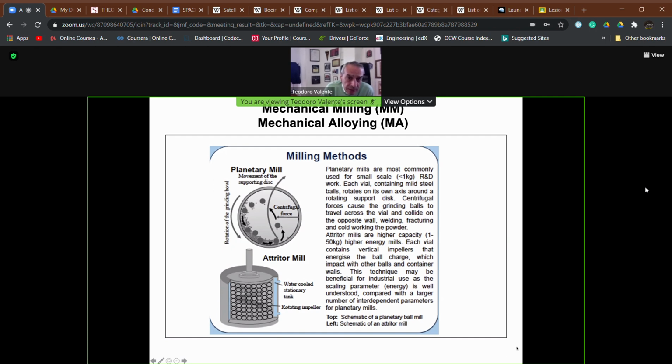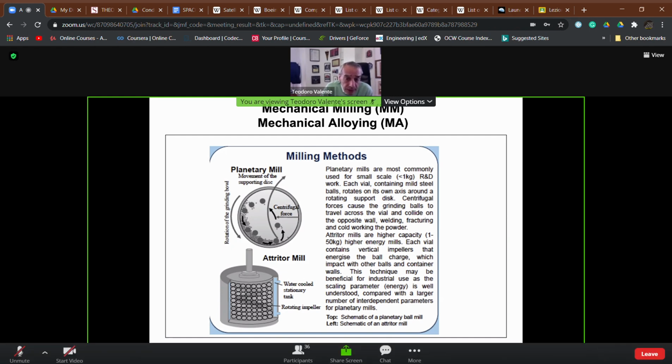In a planetary mill, each vial, which contains mild steel balls, rotates on its own axis around a rotating disc having a support function. The centrifugal forces cause the grinding balls to travel across the vial and collide on the opposite wall, giving origin to welding between powders, fracturing of the powders, cold working of the powders, and alloying if we use two different types of powders.